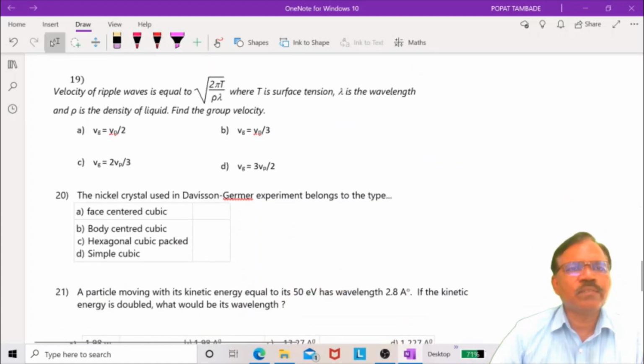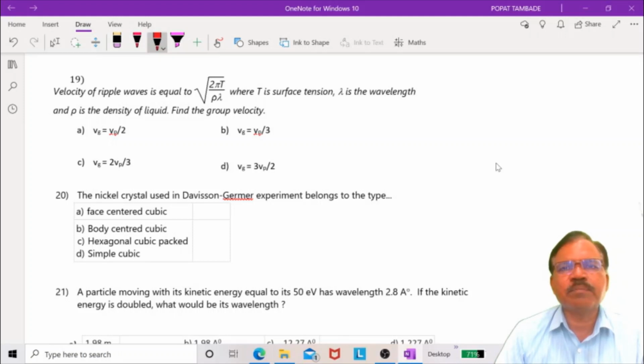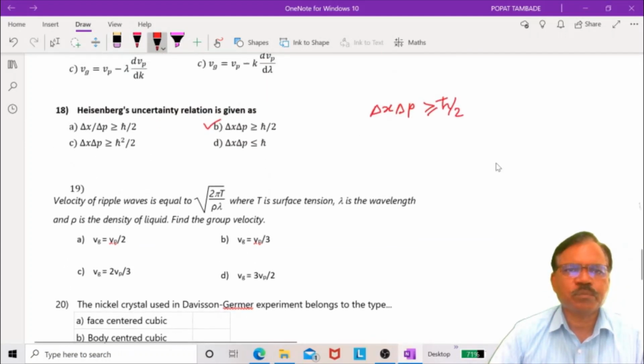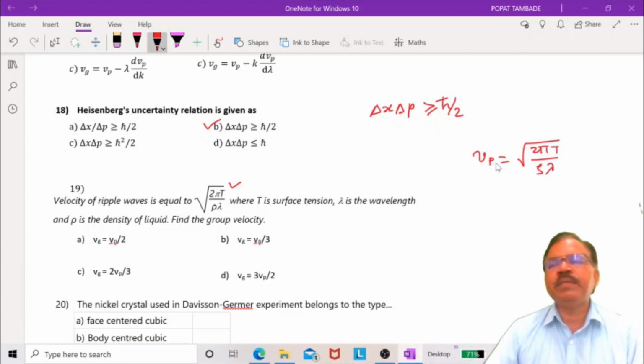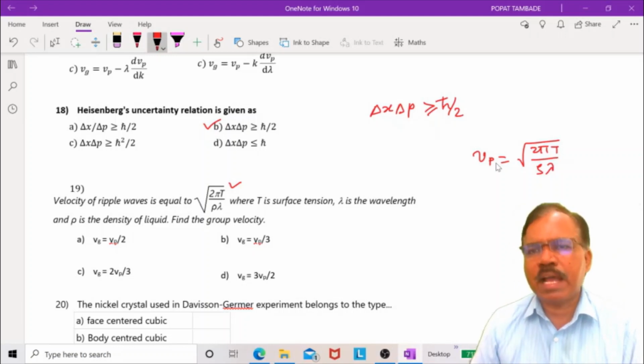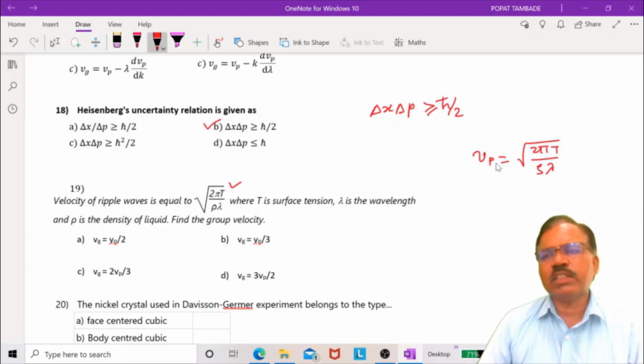Now next one, velocity of ripple waves is equal to root of 2 pi T upon rho lambda, where T is surface tension, lambda is the wavelength, and rho is the density of liquid. Find the group velocity. So this one is phase velocity. I can write this as Vp is equal to root of 2 pi T upon rho lambda. Now see here, Vp is given in terms of lambda. 2 pi, T and rho are constant.